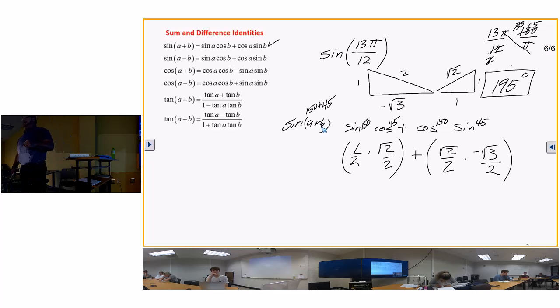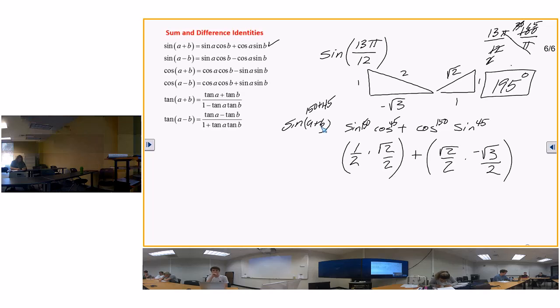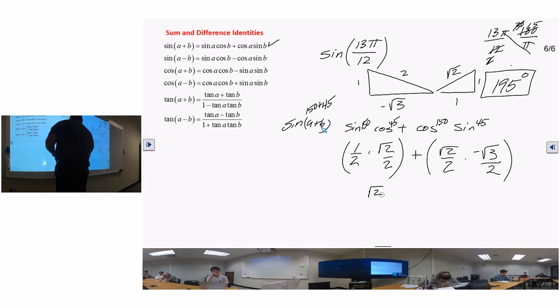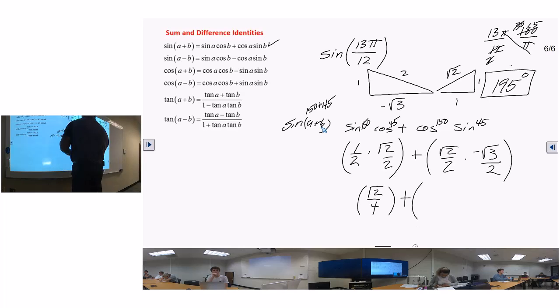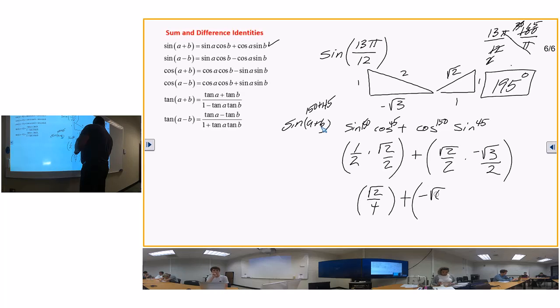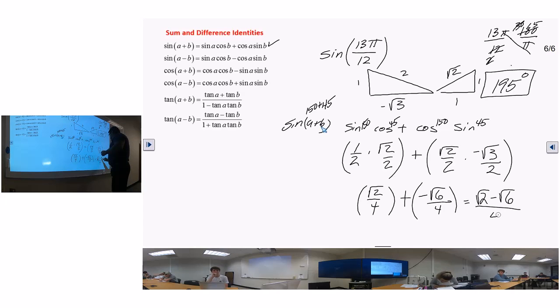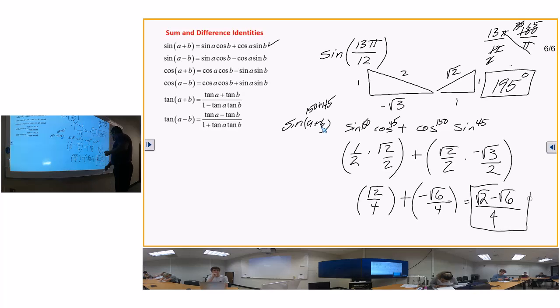Hint, hint. And that's going to be square root of 2 over what? 4? Plus negative square root of 6 over 4. And then that comes out to be square root of 2 minus square root of 6 over 4. And you feel good about yourself.